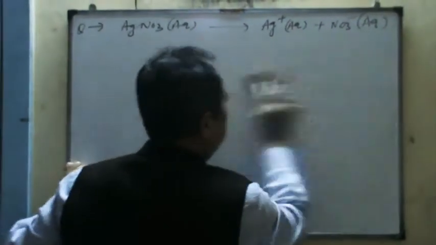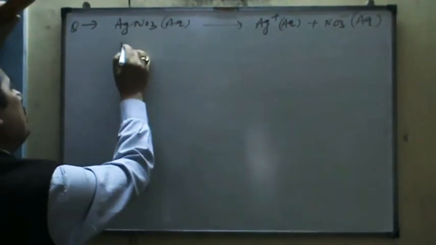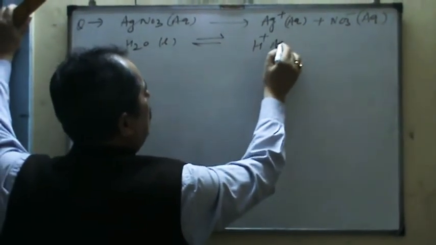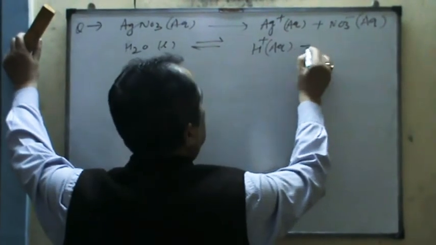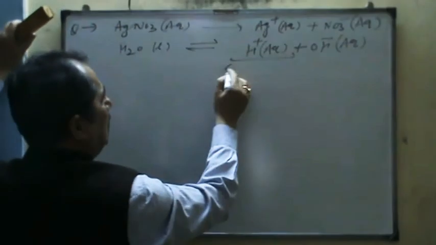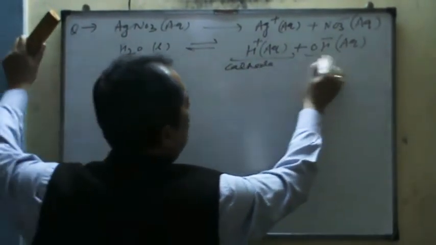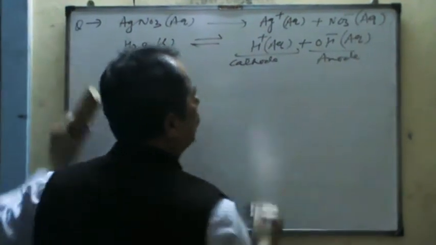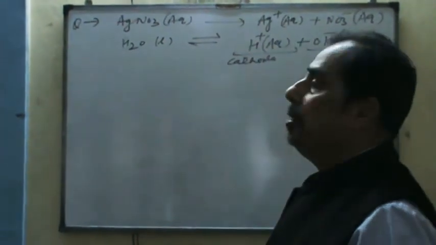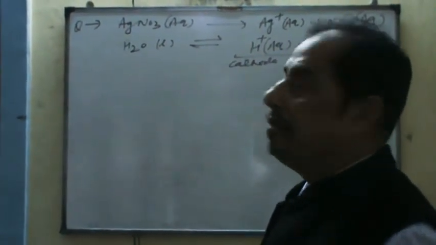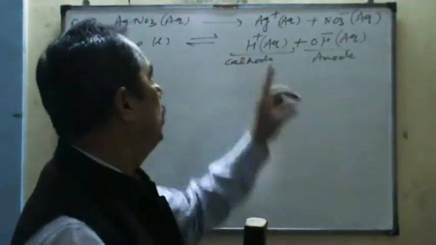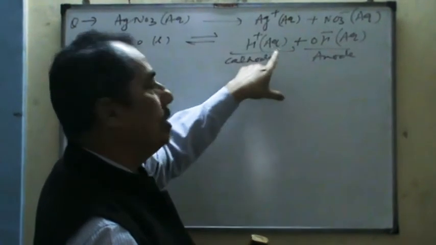Dear students, since it is the aqueous medium, water is taken: H+ (aq) plus OH- (aq). Now tell me, silver ion and hydrogen ion, what is the value for the silver ion? Positive 0.80 volt, but for H it is 0 because it is the SHE, standard hydrogen electrode. That is why silver will compete over the hydrogen ion.